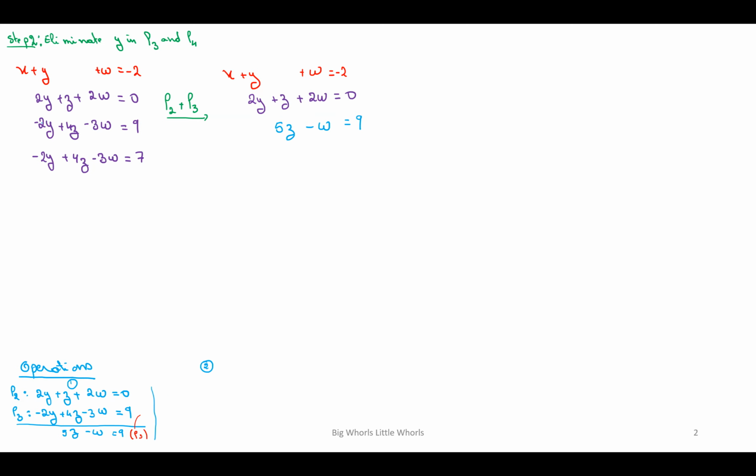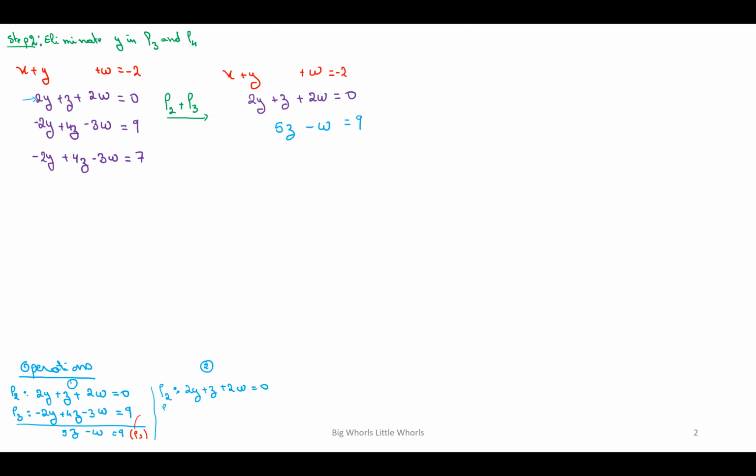I'm going to do another operation here for row 4. So still I want to use row 2 to eliminate the minus 2y. The same thing I have done previously. So row 2 is equal to 2y plus z plus 2w equals 0.